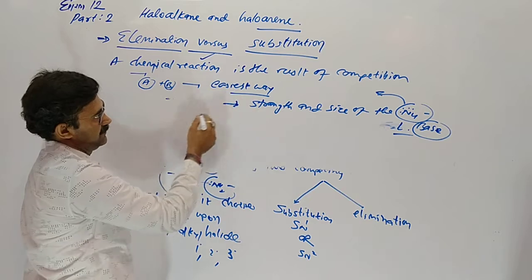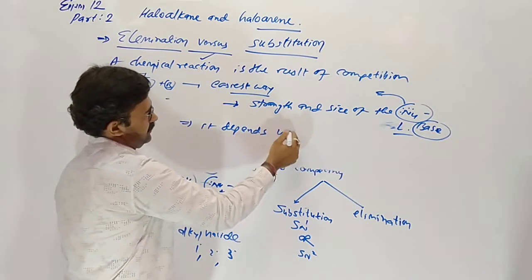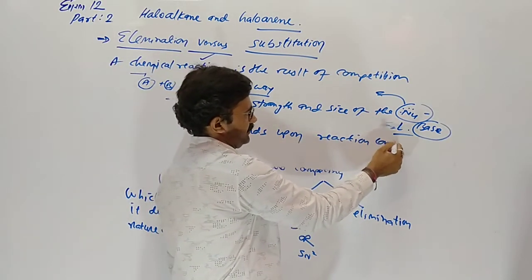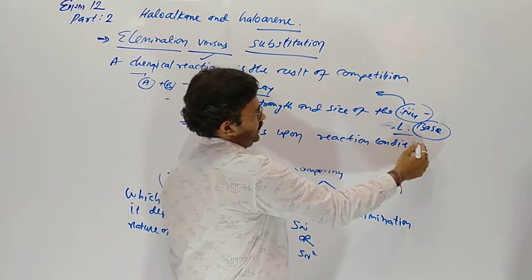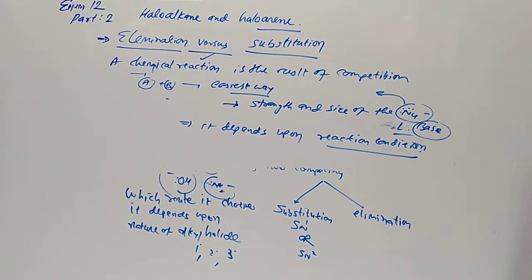The third one depends upon the reaction condition, in which condition the reaction occurs. A bulkier nucleophile prefers to act as a base and abstract a proton rather than approach a tetravalent carbon atom.